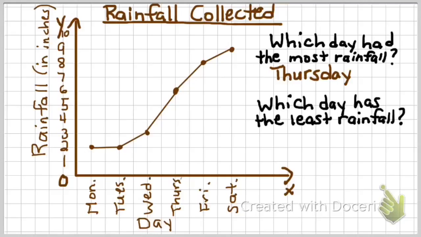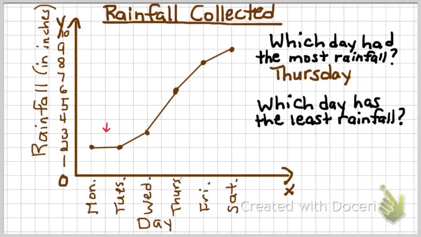So if I'm looking for the day with the least rainfall, I'm looking for the day with the least change. And just like the most change is going to be the biggest line with the steepest angle, closest to a straight up and down line, well, the least would be the opposite of that. It's going to be the shortest line with the least angle, closest to the left and right side straight line.